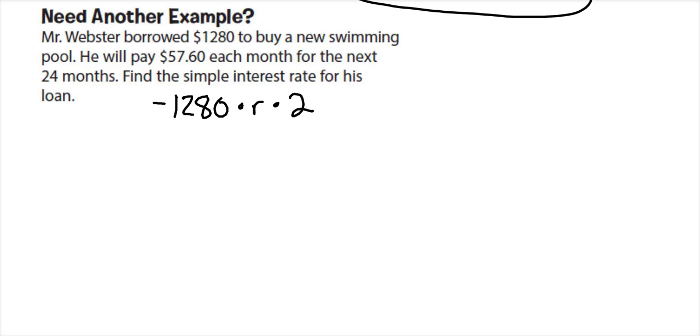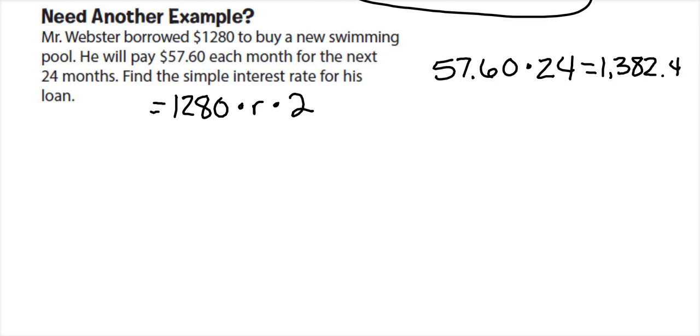Now we have to figure out how much interest the bank is going to make off of him. If he's going to pay $57.60 every month for 24 months, his total is going to be $1,382.40. That's what he's going to pay total.